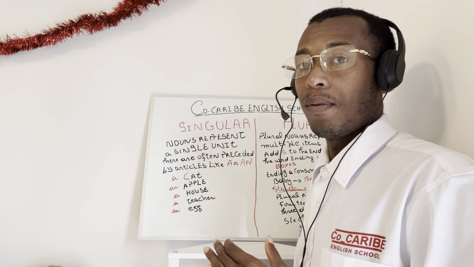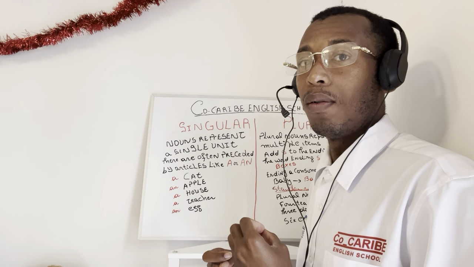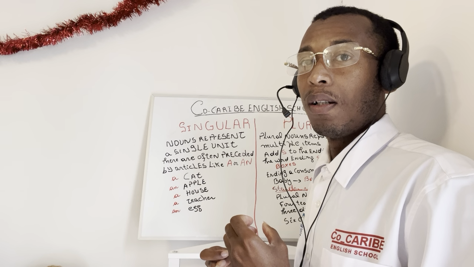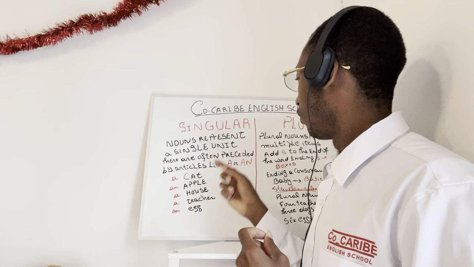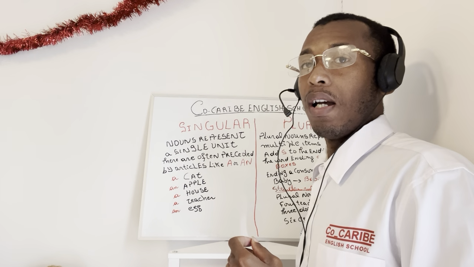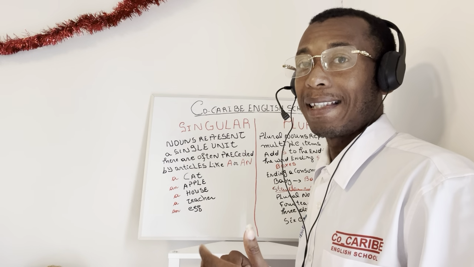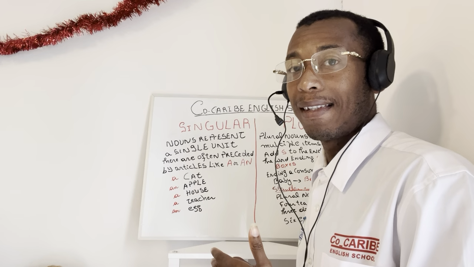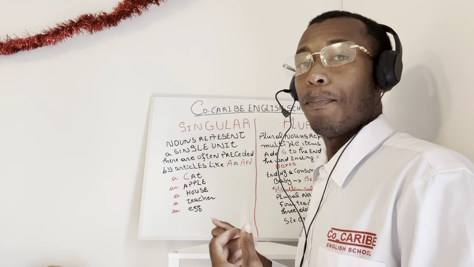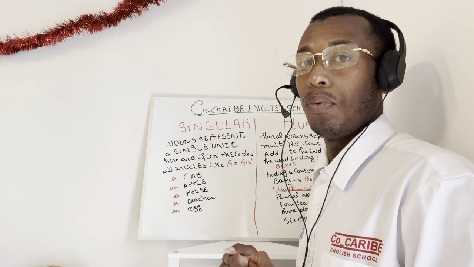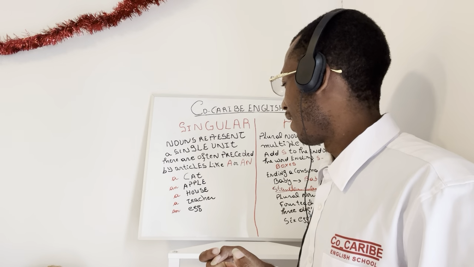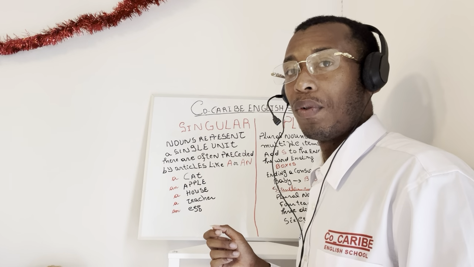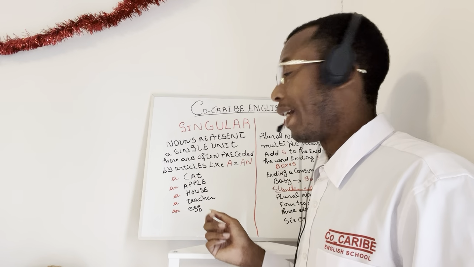In English, for the singular noun, they use a and an. For example, a cat, an apple, a house, a teacher, an egg.